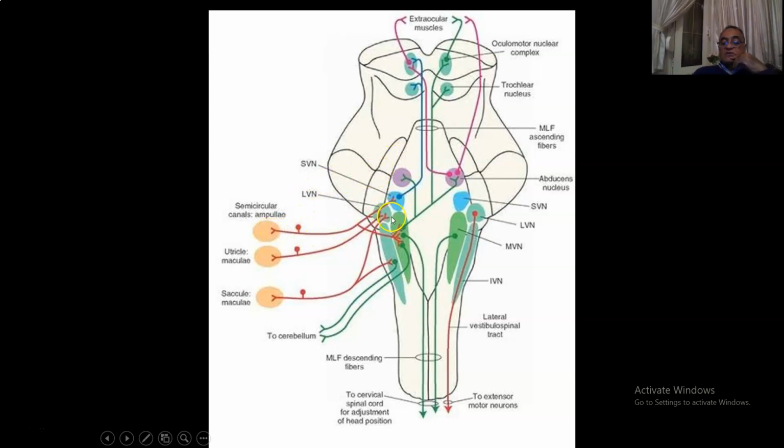So vestibular nerves, vestibular nuclei, and the efferents from the vestibular nuclei to the spinal cord, to the cerebellum, to the medial longitudinal fasciculus, and to the reticular formation.